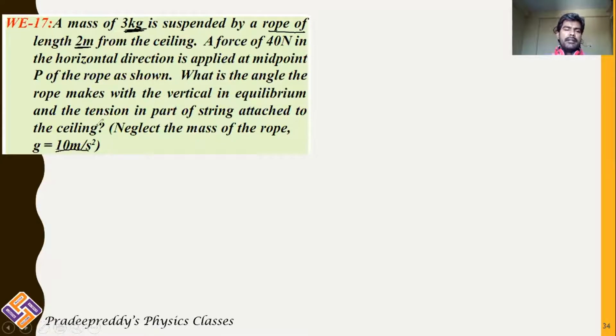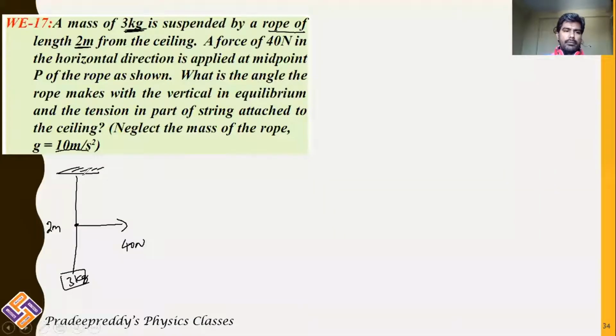So first let me draw the concerned figure for this. See, the rope is 2 meter and exactly at the center you are pulling it by 40 Newton. This becomes 1 meter, this becomes 1 meter. The 3 kg mass is attached at the end of the rope. Now what will be the necessary condition? When you are applying a force of 40 Newton, as you are applying some force on the body, definitely the rope would be inclined.